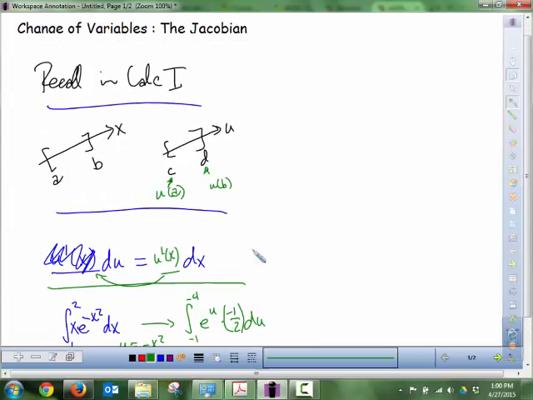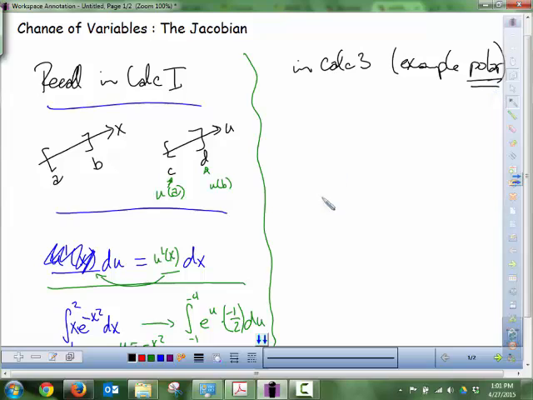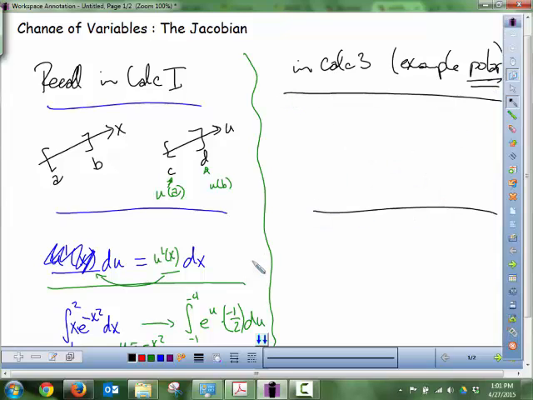So this is what happens in Calc 1, and what happens in Calc 3. Let's take a look at this equivalence. If we take a look at our polar coordinate example, let's try to mimic what's happening here. I guess I should have started with the differential because that's what we've been using.